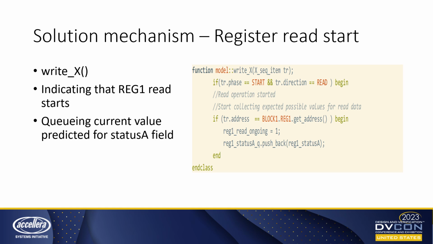This is the first expected value during the read register cycle. For all other potential changes of the register field that might happen until the end of the read operation, pushing to the queue will be done by the calculate reg1 status A method as we saw in the previous slide.